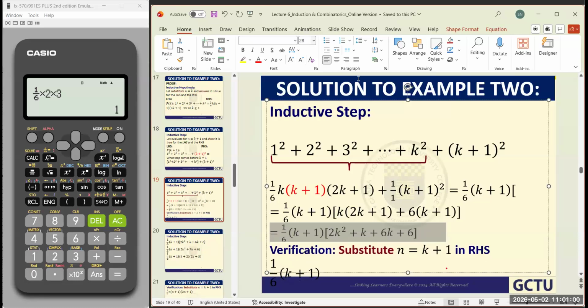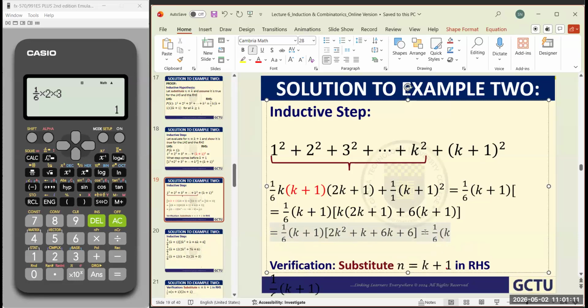If this will give me 1/6, then outside the bracket is k plus 1. Then inside this bracket, I'll get 2k squared plus 7k plus 6.